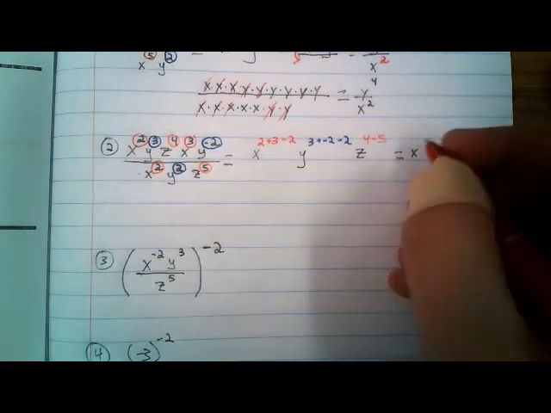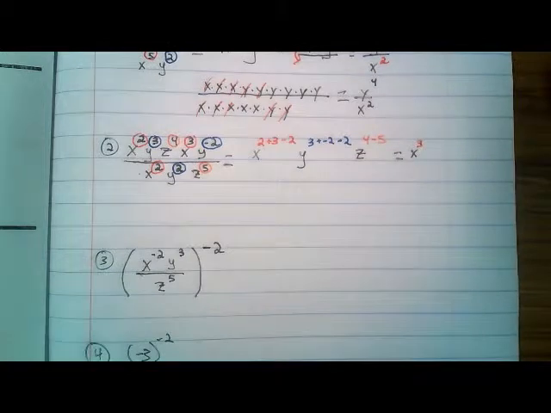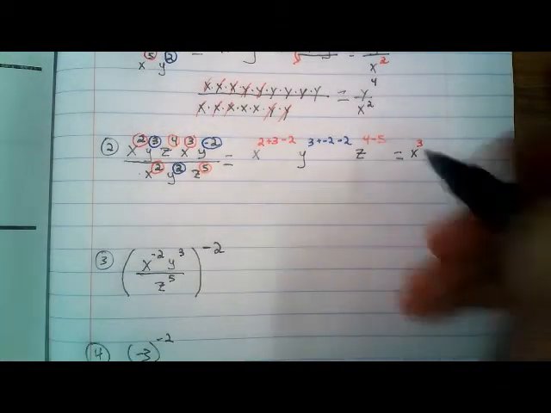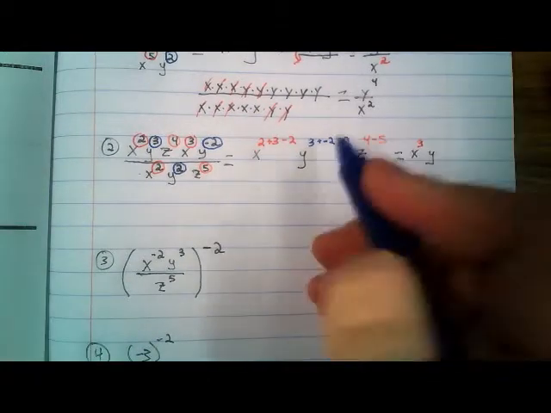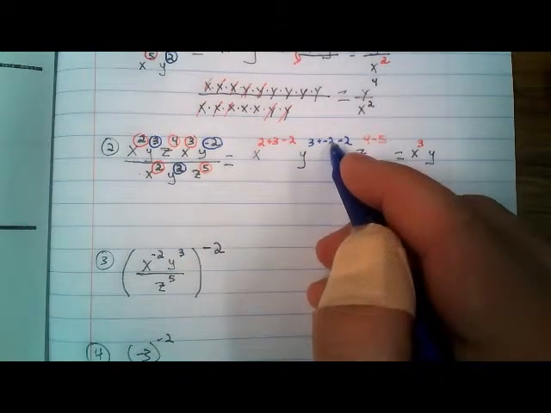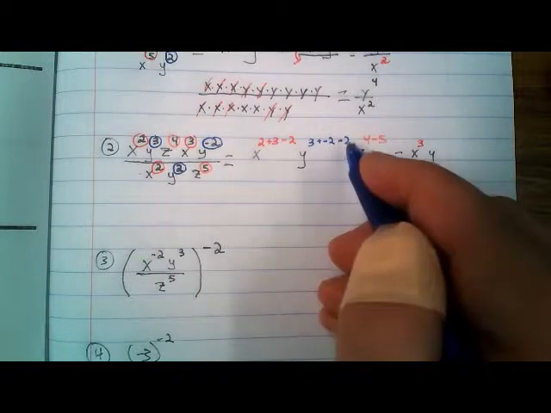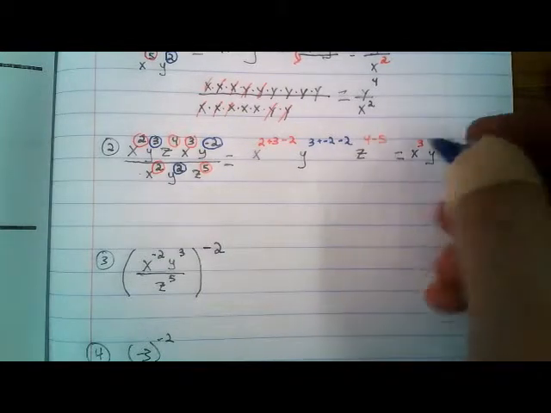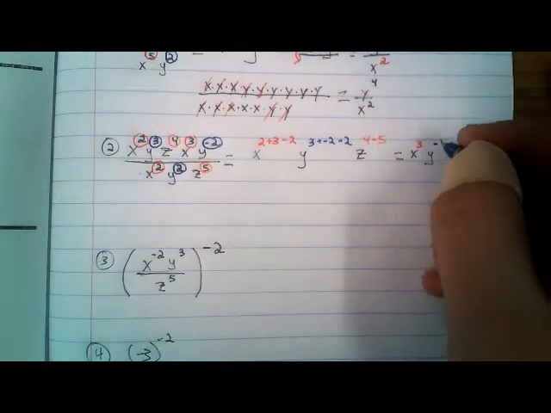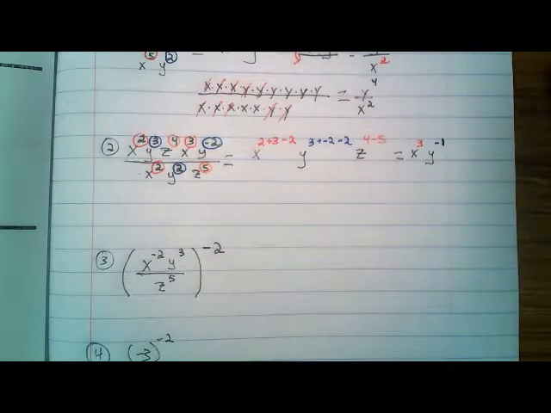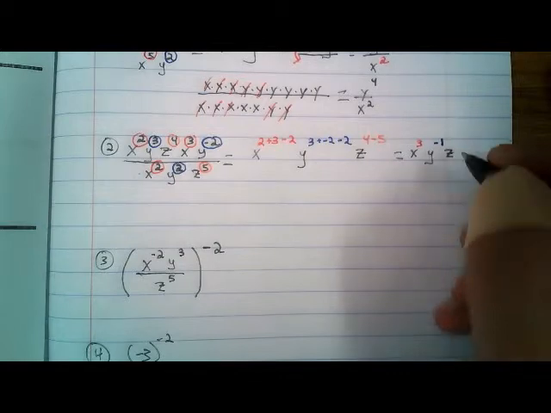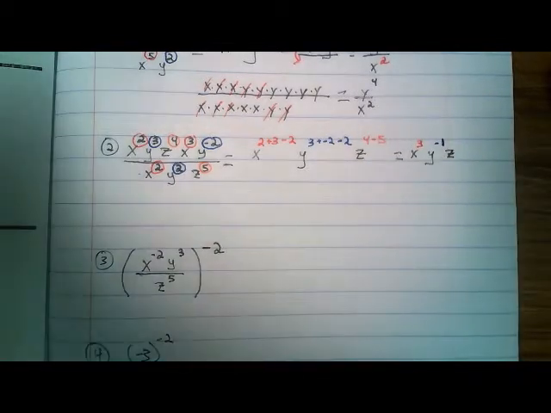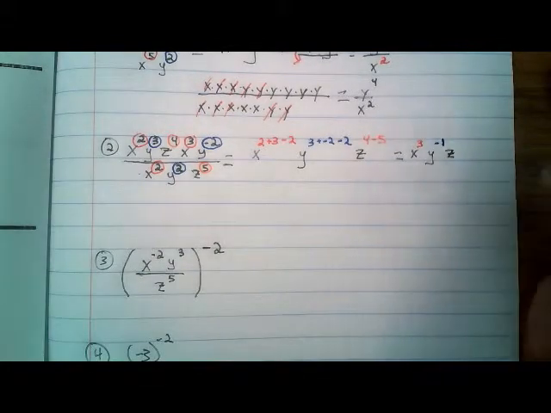So that's x to the 3rd. And we have y. Y to the 3 plus negative 2 is just 1. And then minus 2 is negative 1. And then I've got z to the 4 minus 5, which is negative 1 as well.